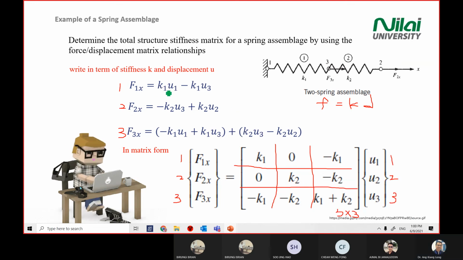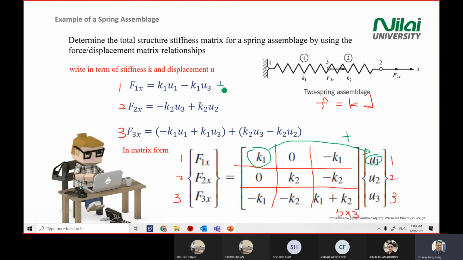Okay, so this is 1, right? Element 1, you are writing K1 U1. So how do you derive this equation? You are deriving K1 times U2 plus 0, because if you look at equation number 1, there's no U2.